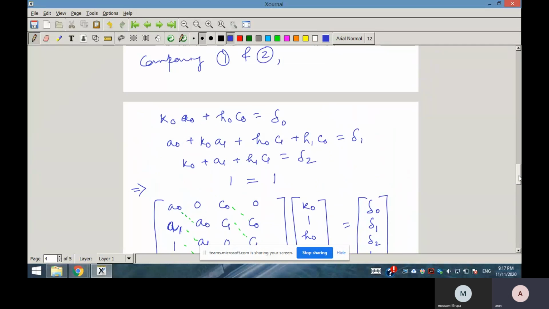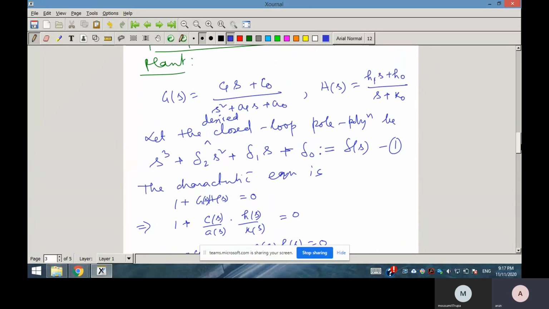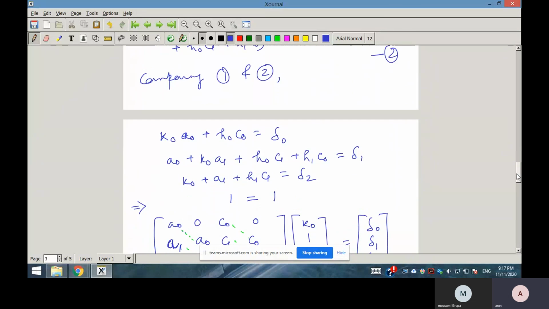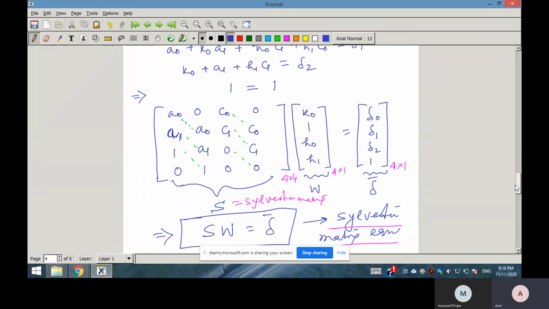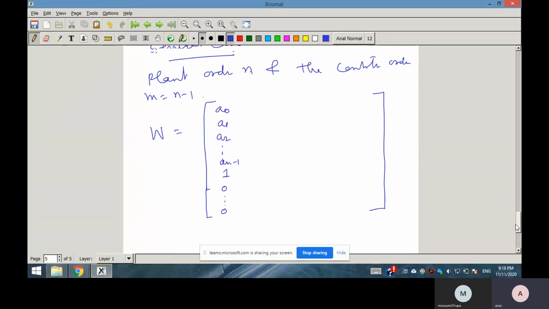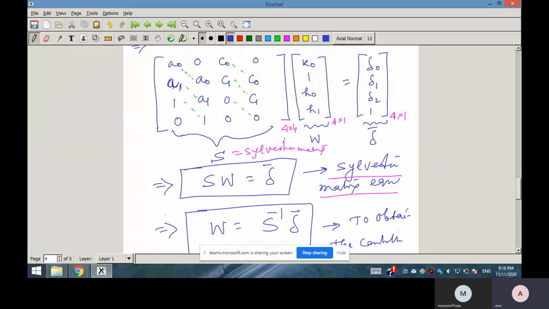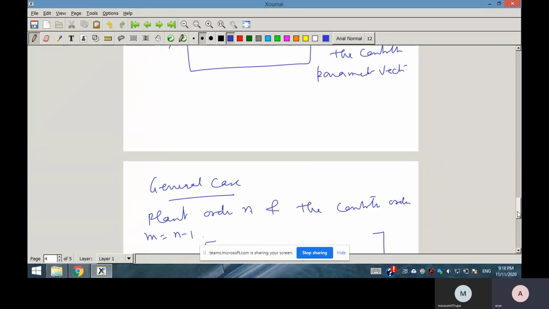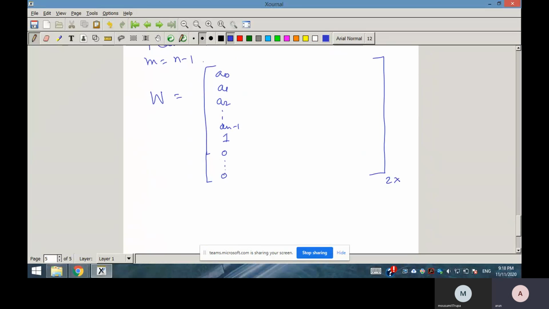Here the size is 2n cross 2n, because n equal to 2. So the general size is 2n cross 2n. It is size, not order.